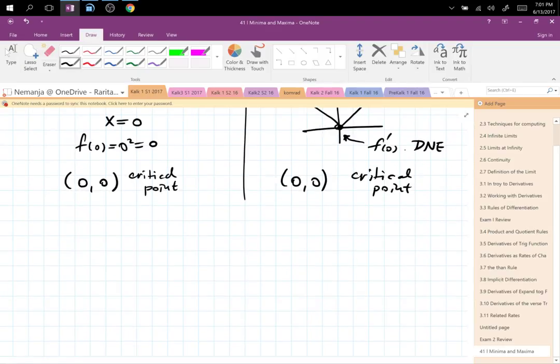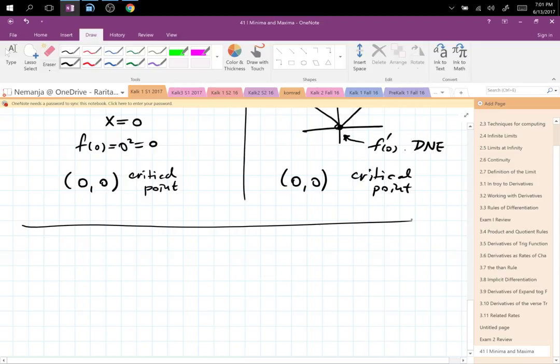So problem 33 is a spicier example. It says, find the critical points for the function f of x is equal to 1 over x plus ln x.